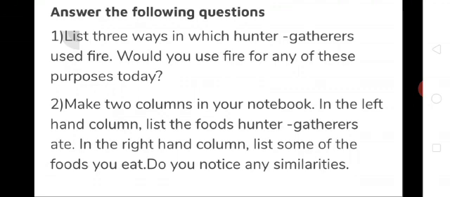In the other column, you have to list some of the foods you eat. Nowadays you are eating different types of food, no? You have to write all those foods, and then do you notice any similarities between hunter gatherers' food and our food?